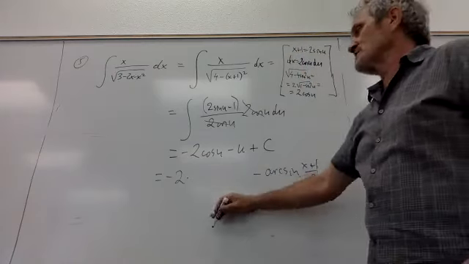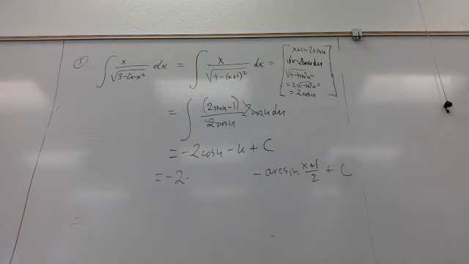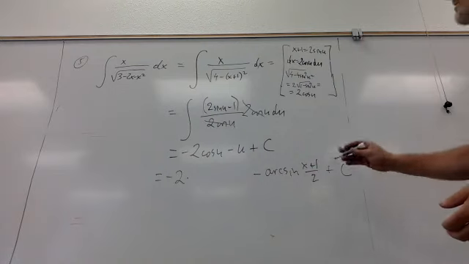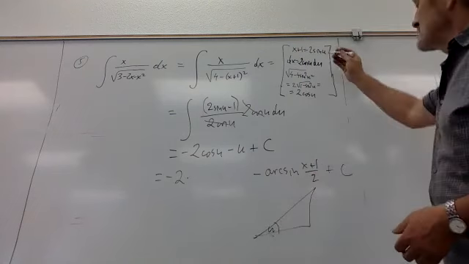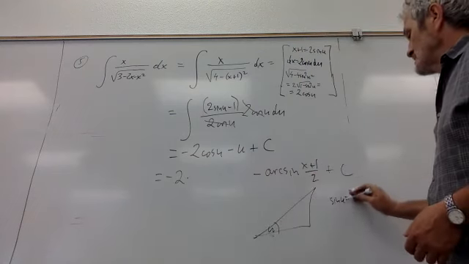What about this cosine u? I either use identities or just set up a triangle. Remember that. So u is here. And it says here sine u is x plus 1 over 2. So I put x plus 1 out here. I put 2 here. Then I do the Pythagorean theorem. That would be square root of, well, it doesn't matter.